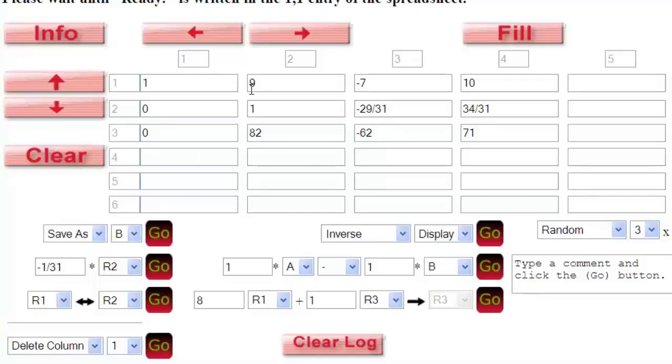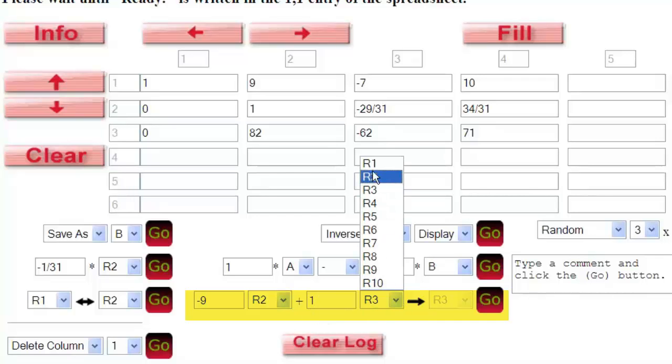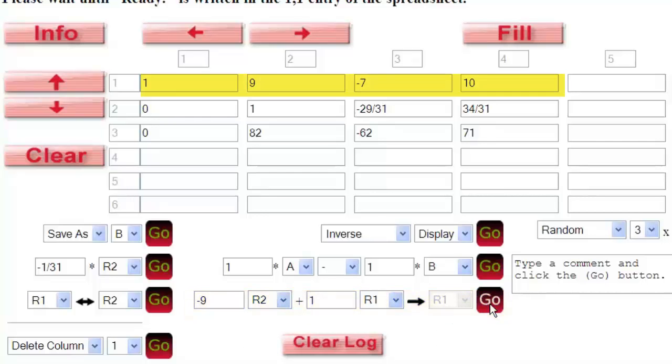Okay, now I want to reduce the other two. In order to reduce row 1 to have a 0 located there, I want to take the elements in row 2, since that's now my pivot, and take negative 9 times what's in row 2 and add to that 1 times what is row 1, and that will be a negative 9 plus 9, which will give me a 0, and I want to put that into row 1.